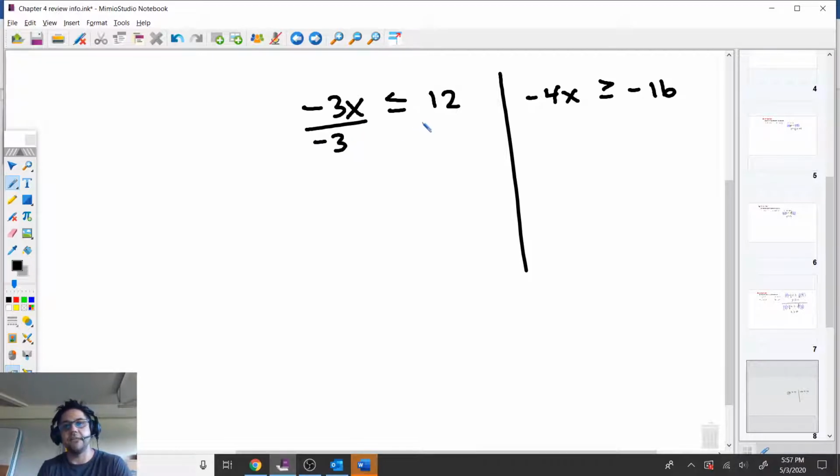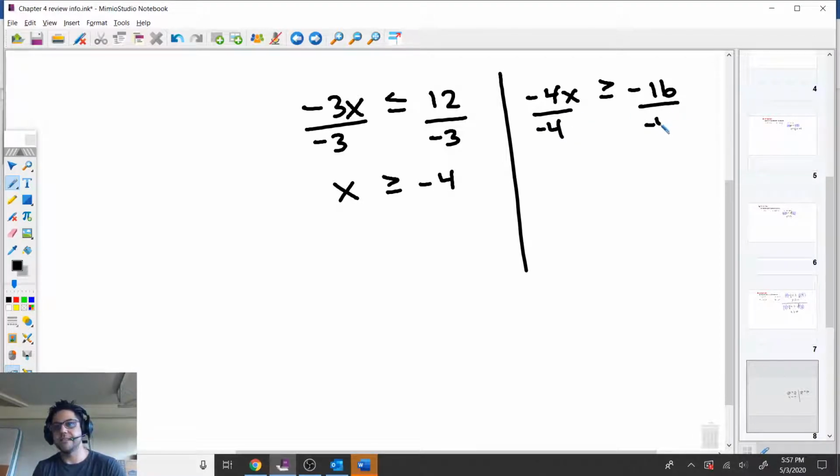So when I divide by negative 3, reverse your inequality sign. 12 divided by negative 3 is negative 4. Divide by negative 4. Since I divided by a negative, I must reverse the inequality sign. Negative divided by negative is positive, and I'm going to get positive 4 there.